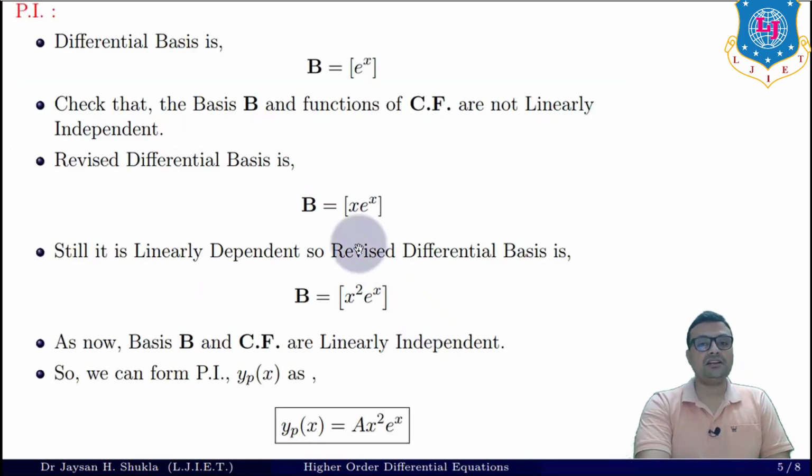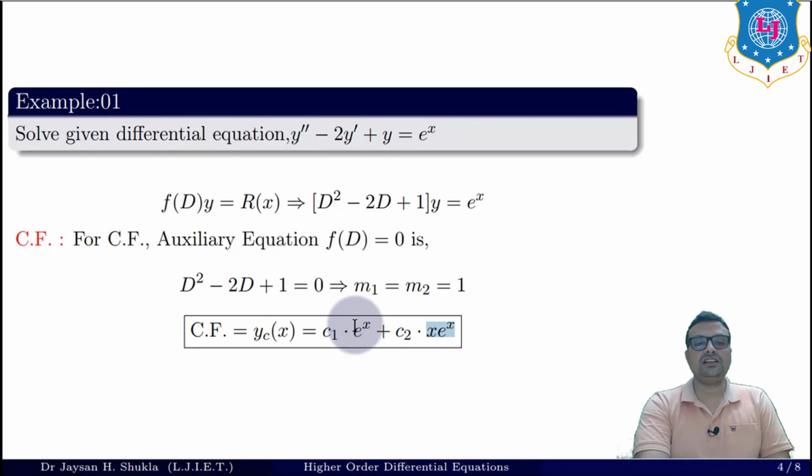So again I am multiplying it by x, so it is x square e raised to x. Now this is the last basis which we obtain. So we need to compare our complementary function with this x square e raised to x. Here you can see that x square e raised to x is linearly independent of e raised to x, and it is linearly independent of x e raised to x also.